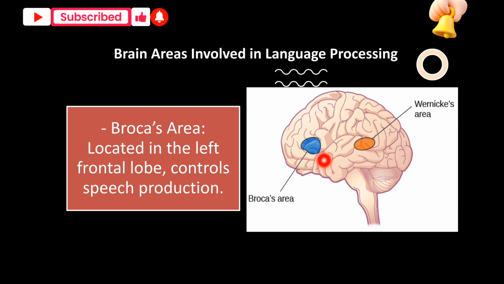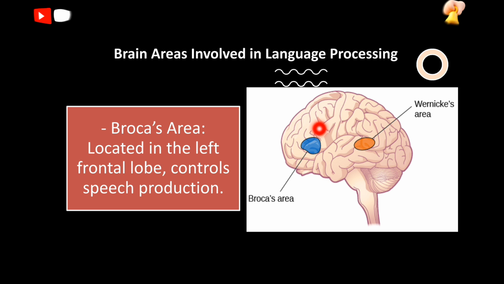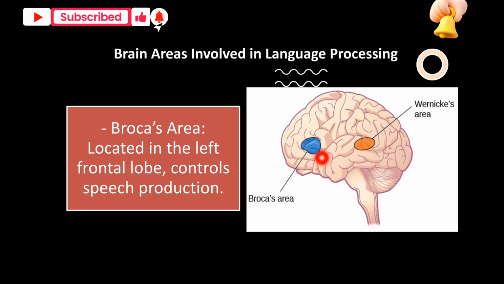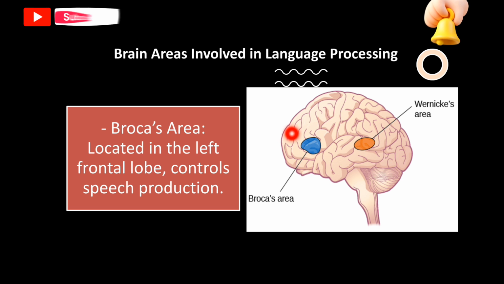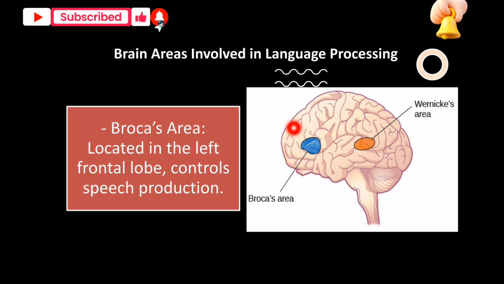It might be that due to a stroke, or due to some injuries, this part of your brain is injured. That's why you cannot produce sentences perfectly, correctly. So you have a problem with your speech.